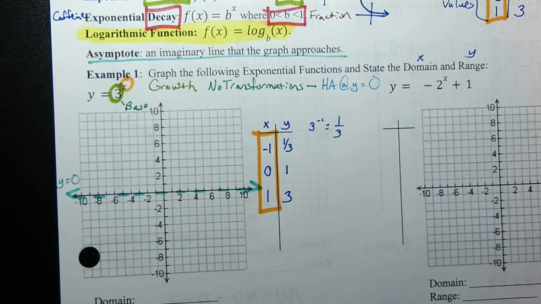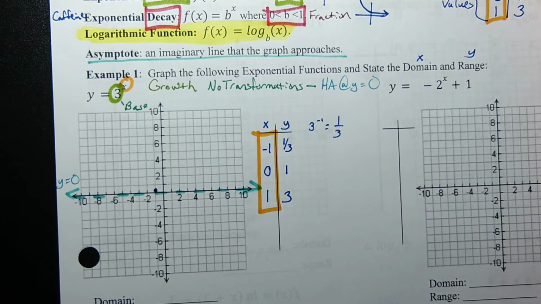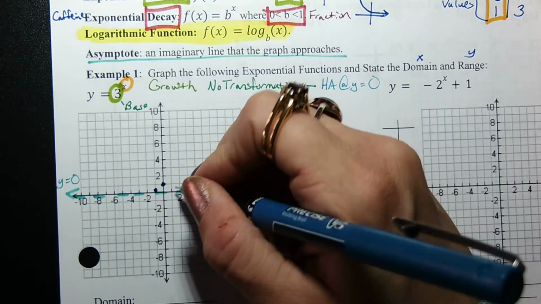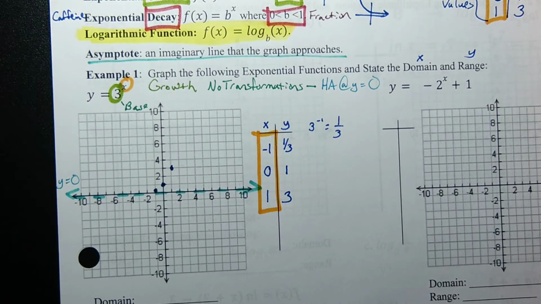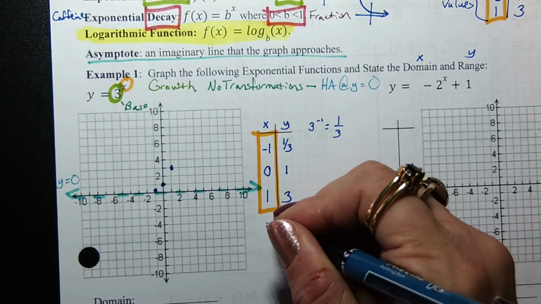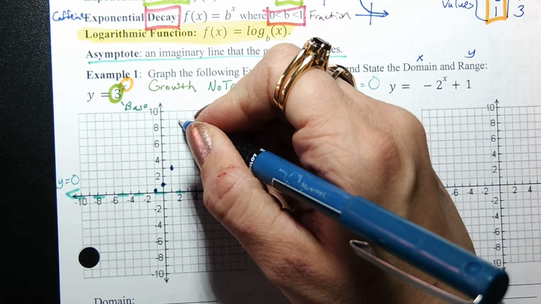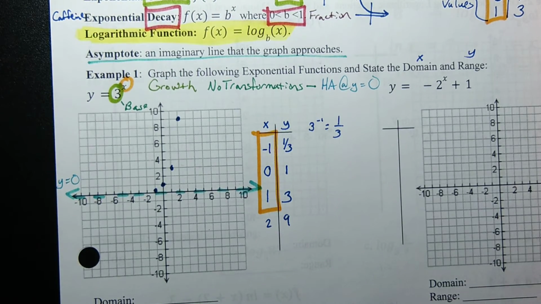Let's go ahead and plot our points. Backwards 1, up 1/3, super close to the asymptote. And then 0, 1, and 1, 3. And if you wanted to plug in an extra point, plugging in 2 would give me 9, you could do that as well. And that just shows you that we start getting larger very, very quickly.